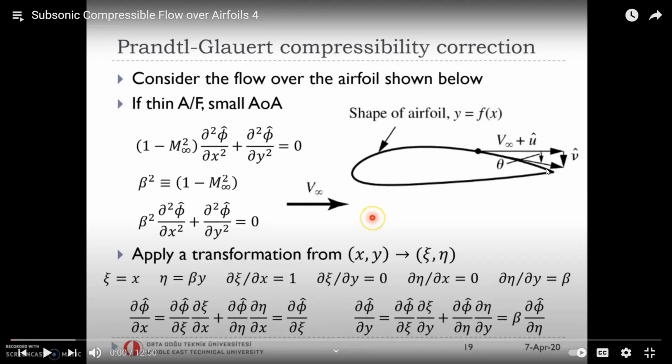Just obtain an incompressible flow solution around this airfoil, which will give you the pressure coefficient on this airfoil. But our main problem is to obtain what the pressure coefficient would be if the flow was compressible rather than incompressible around this airfoil. So the idea is to obtain it first for incompressible flow, then devise a methodology to correct the value that we get for the incompressible flow. Did you get this idea first of all?